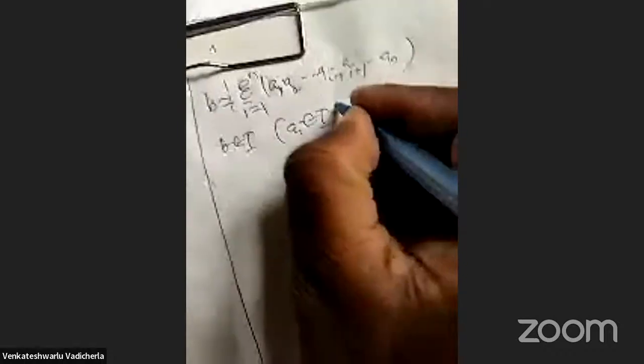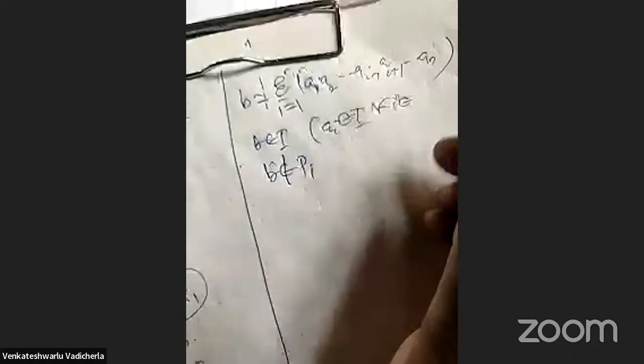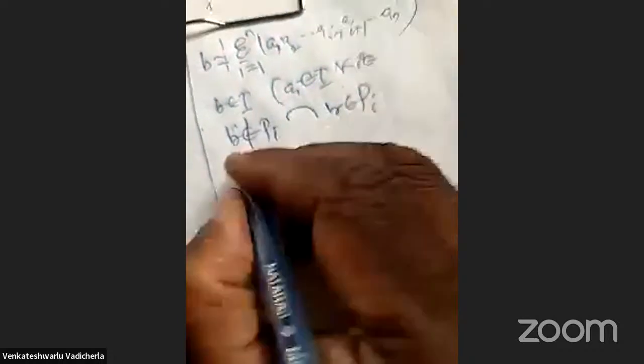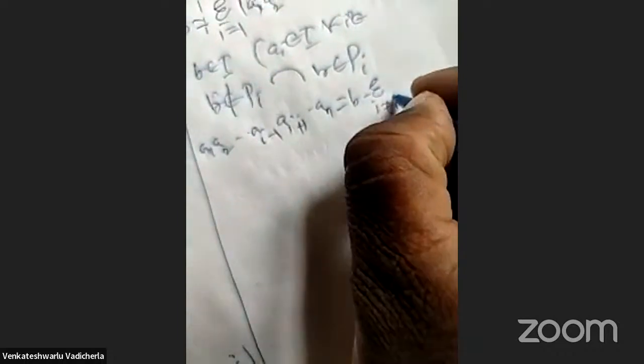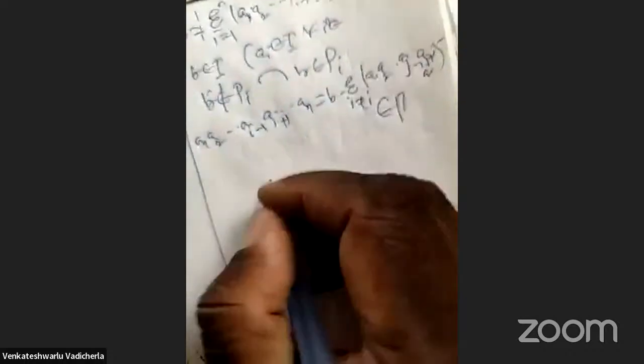Since ai belongs to I for all i, b belongs to Pi, but b does not belong to Pi. So b belongs to Pi would mean that a1, a2, up to ai minus 1, ai plus 1, up to an equals b minus the summation over j not equal to i, which belongs to Pi. Therefore this is a contradiction.